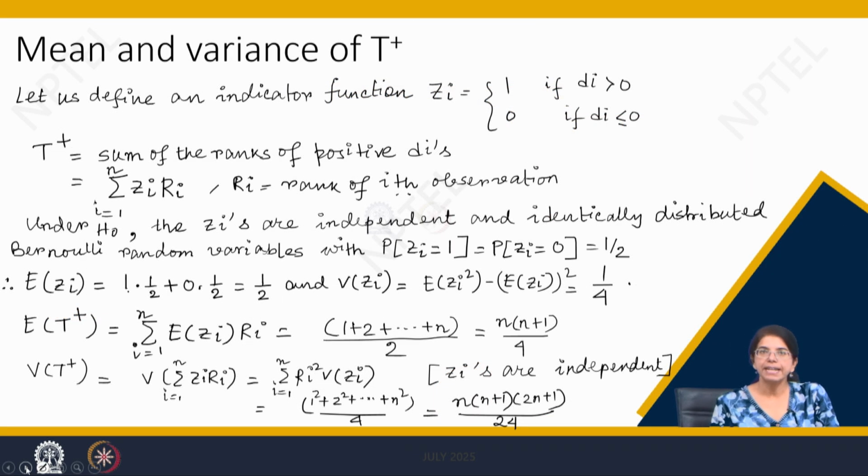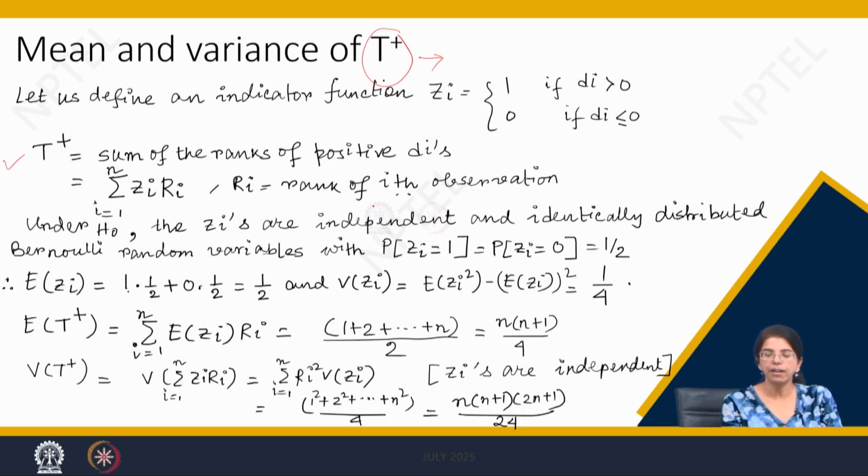So what are the mean and variance of this T plus? T plus is our test statistic and we call it the Wilcoxon signed rank test statistic. Let us define an indicator function Zi, which is 1 if di is greater than 0 and 0 if di is less than or equal to 0. So T plus, which is the sum of the ranks of all positive di's, we can write as the summation of Zi and Ri.